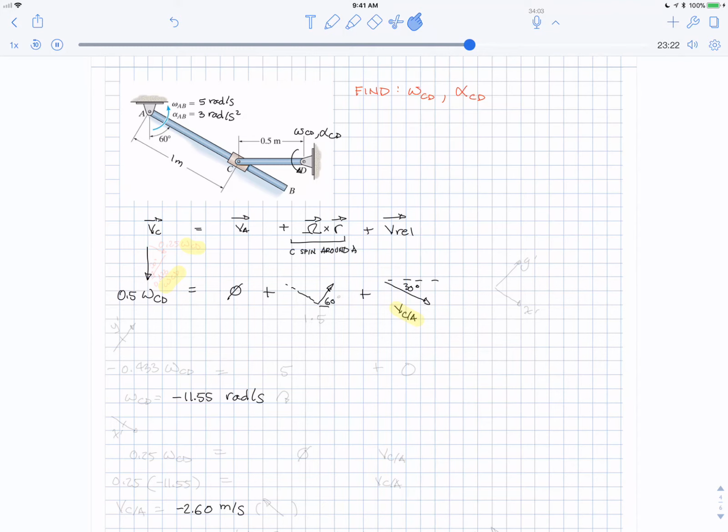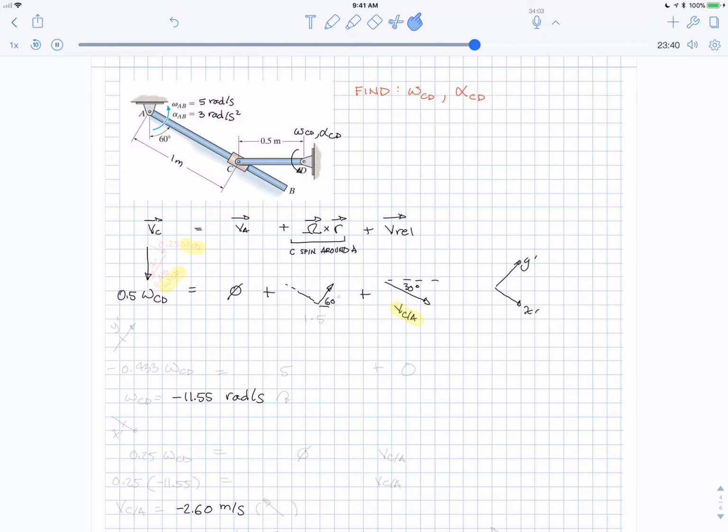Since I learned from my previous experience that the best coordinates to take are along this arm, I'm going to call that X prime, and this way Y prime.